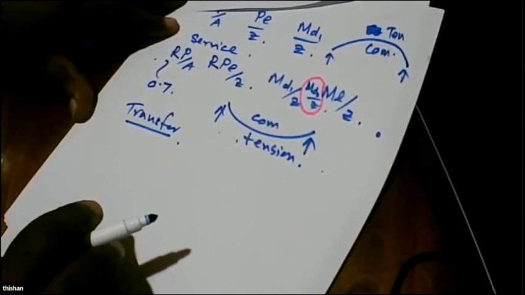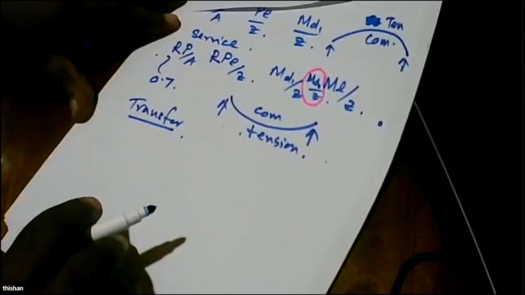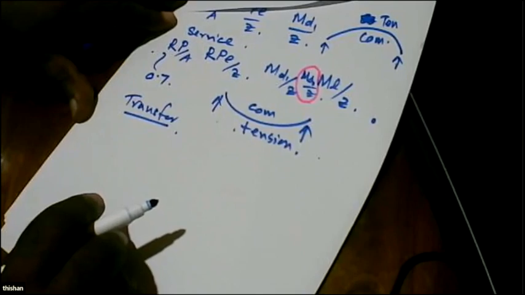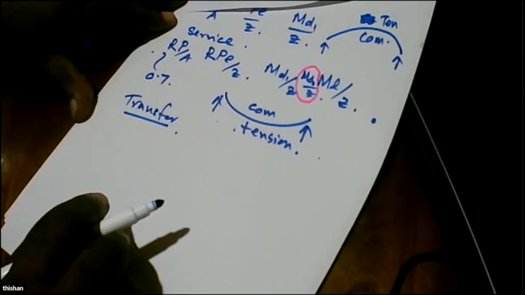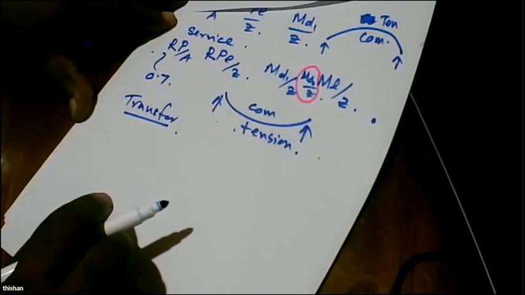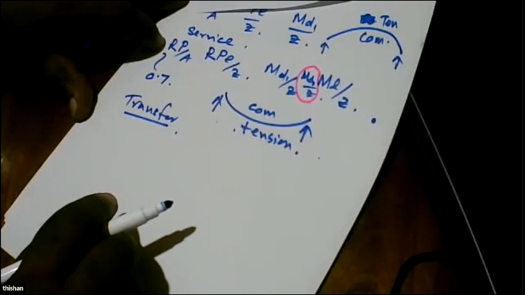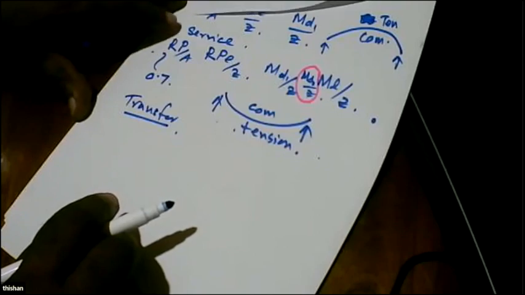I showed you at the transfer we get about 1,300, and at service we get about 930, about half the stress. So we have to apply a factor called R, which represents the losses that occur after the transfer.